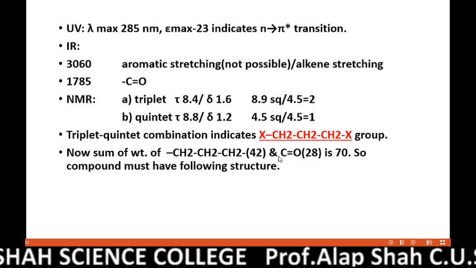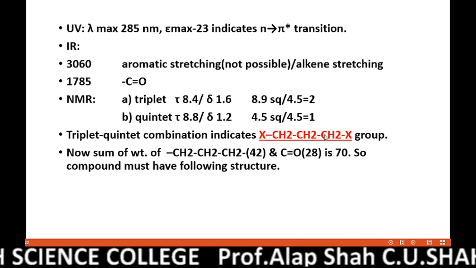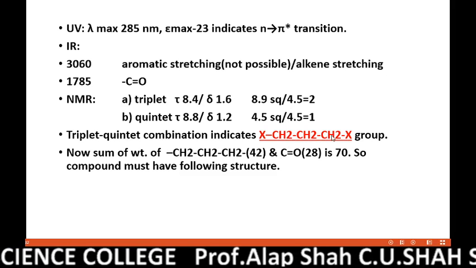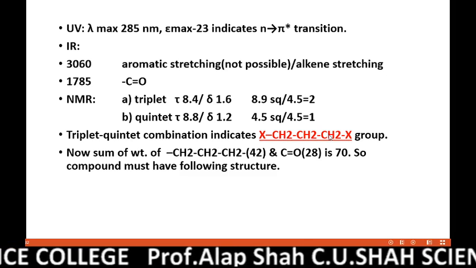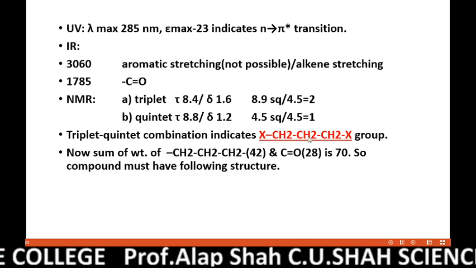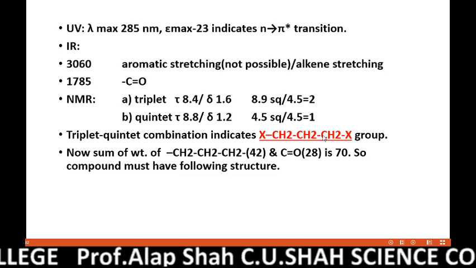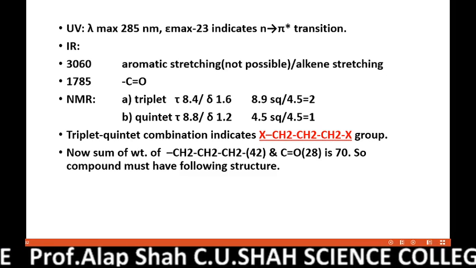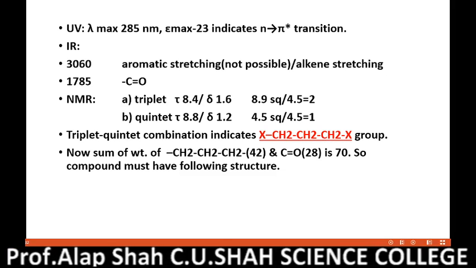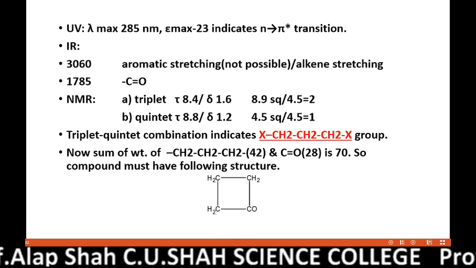So we should think about it, and NMR says that this particular signal, 4 protons, is a triplet, and these two protons are a quintet, and the proton ratio is 2 is to 1. So this and this carbon must be equivalent. So instead of a linear structure, we should think about a cyclic structure. So friends, this is the answer.